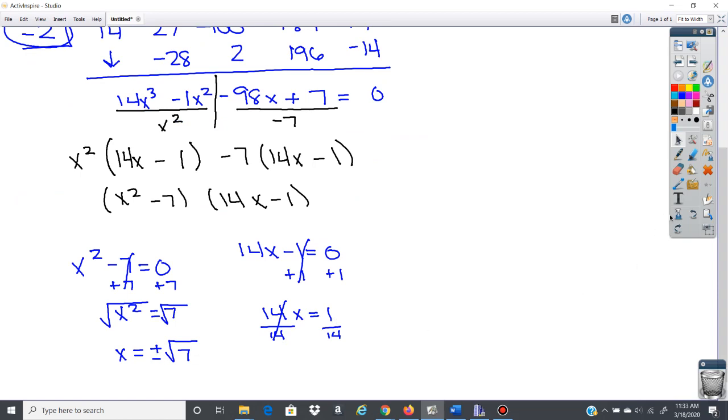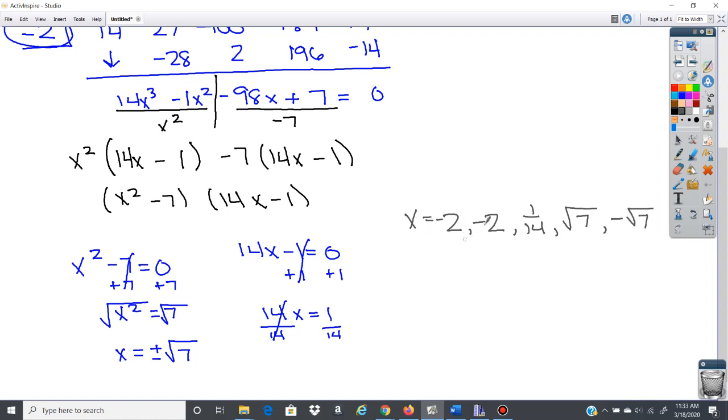So when we're listing our solution out, we want to go x equals: negative 2 twice, 1/14, radical 7, and negative radical 7.